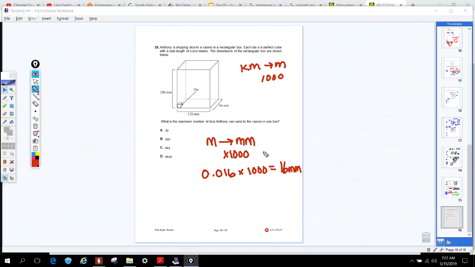So now that we know it's 16, what we have to do is divide each one of these sides by 16 to see how many things can fit in it.